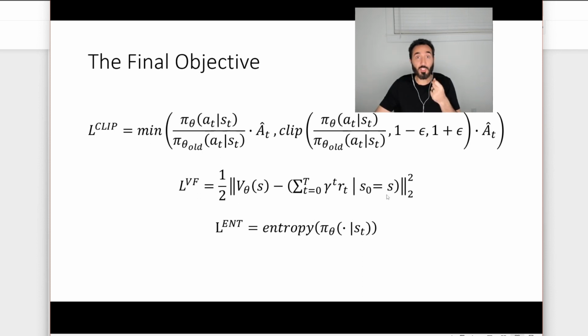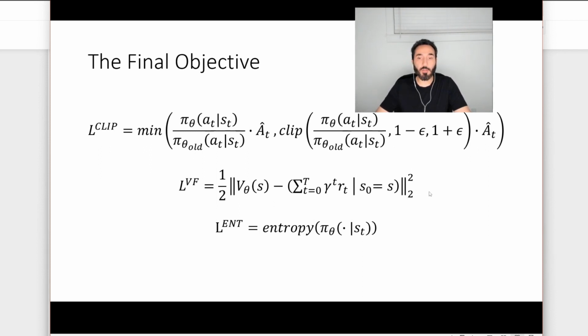So if we want these two to be close to each other, so essentially the value function to be a better approximation of the samples that we have over here, one of the losses that you can use is the mean square error. That's exactly what we have here. So basically it will give us a better approximation of the expected value of the total future rewards from the state S. There are other variants of the loss here.